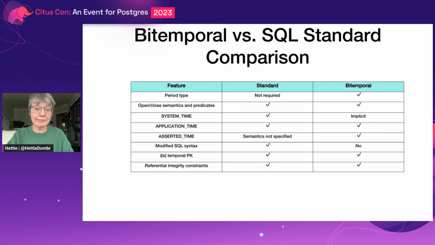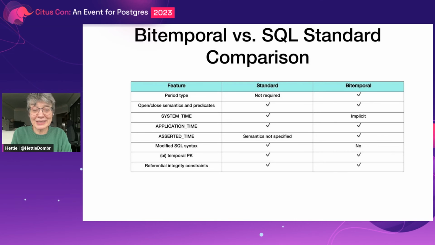We cannot. All right, so to summarize, this table represents a comparison of the bitemporal model versus the SQL standard. Surprisingly, as you can see, there are more similarities than differences.